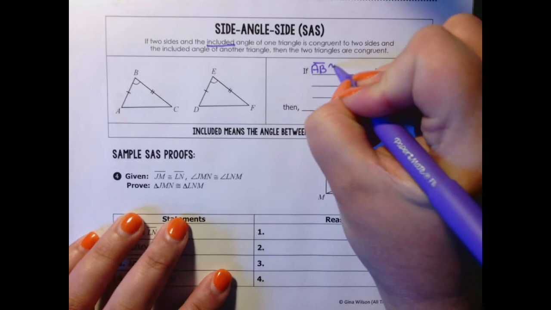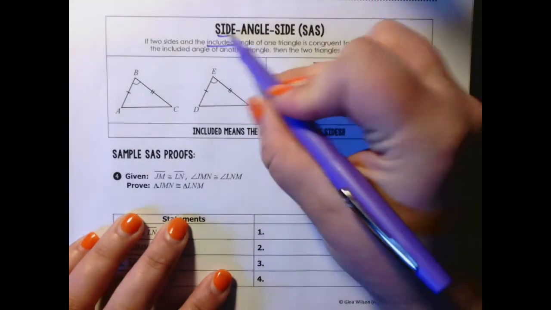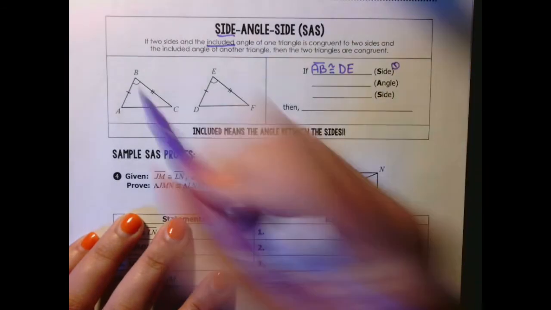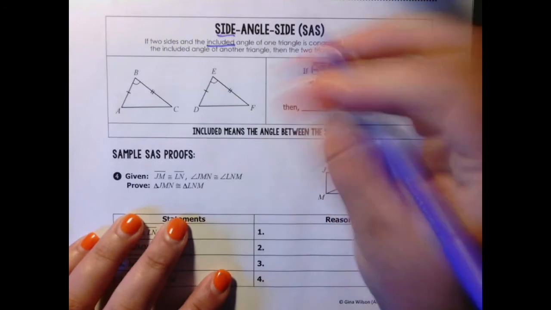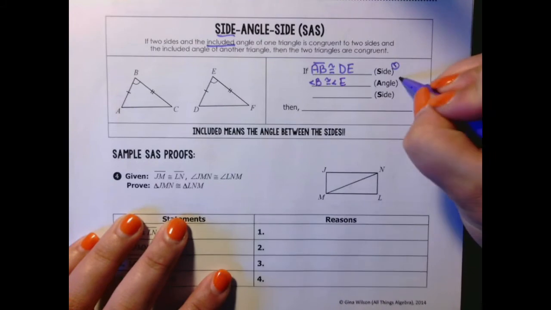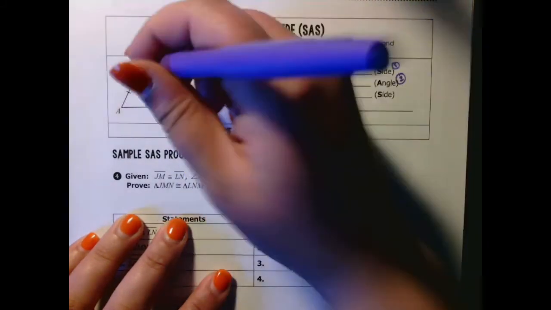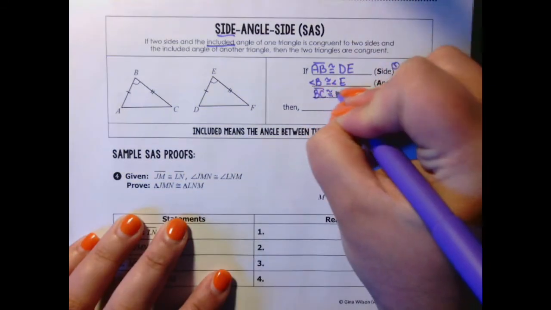So our first side, if we know side AB is congruent to side DE, there's our first side, so there's our S. And then angle, so we have angle B is congruent to angle E. And then our second side, BC, congruent to EF.